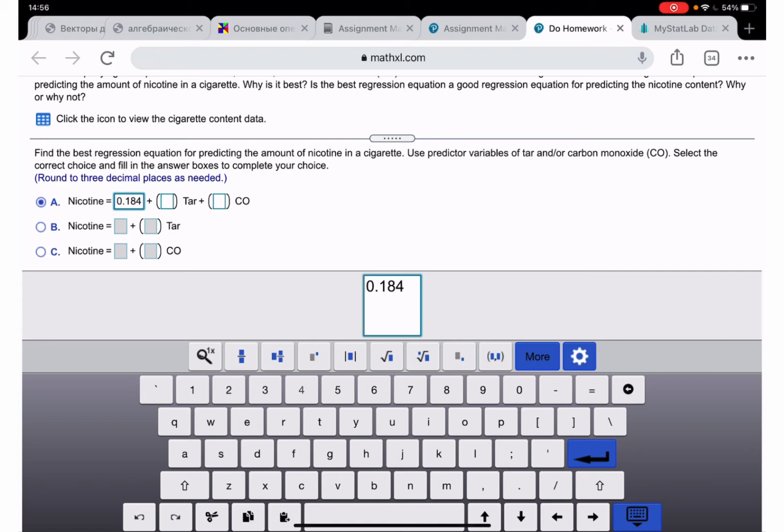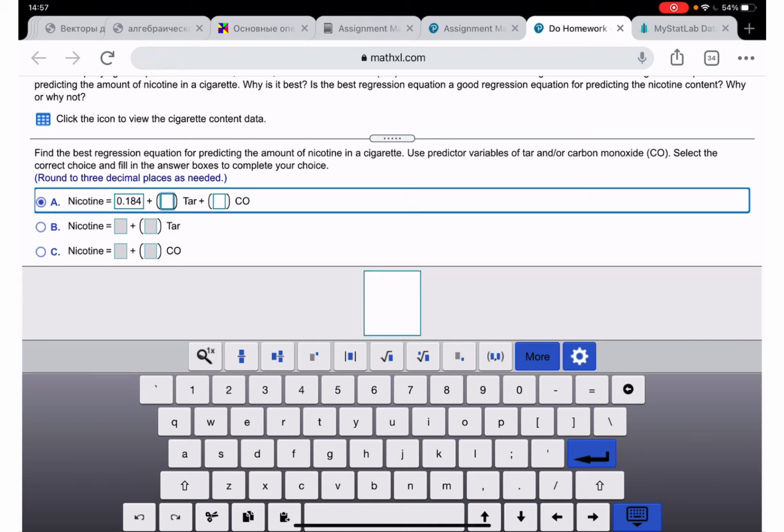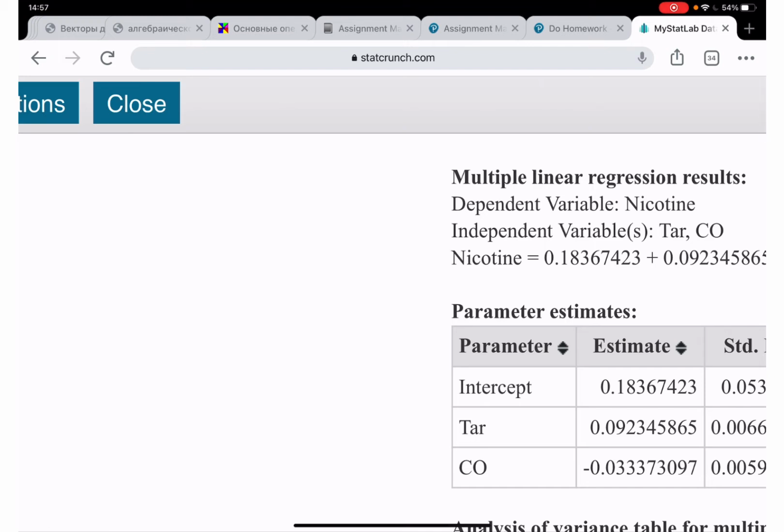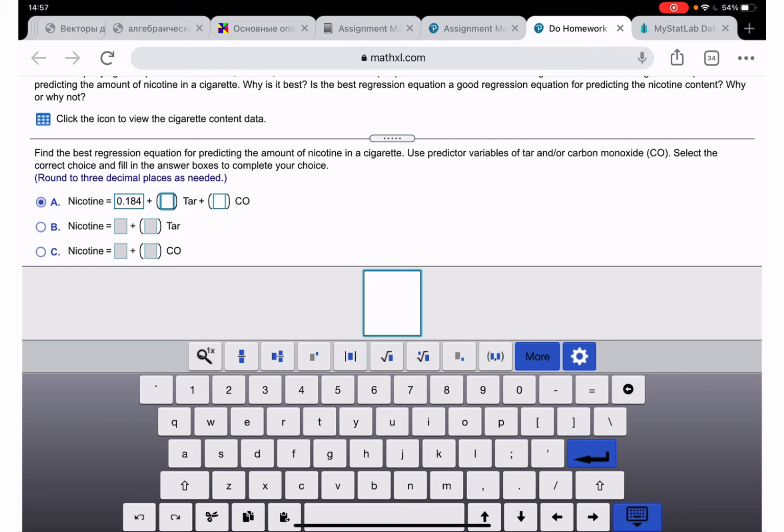Next, tar is going to be 0.092. Oops, it came out as a comma.